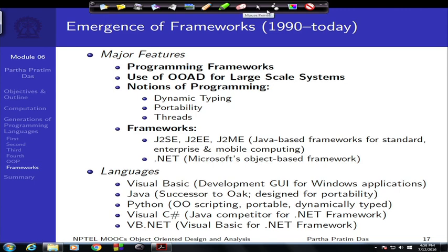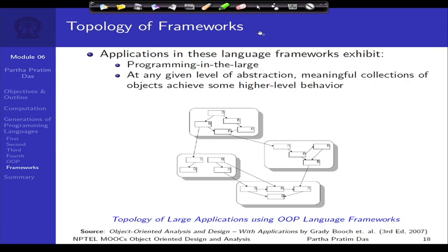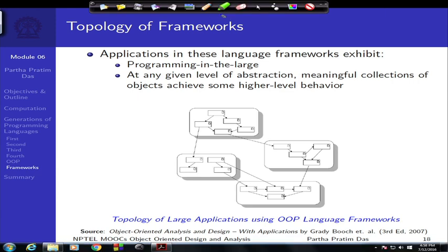So, these are the different kinds of emergence that have happened, and the topology for this certainly started becoming more and more fragmented and distributed. So, earlier in terms of the object oriented systems, you had a structure where objects were exchanging messages, but they were all together. Now, in terms of the framework, they have got grouped in different subsystems.